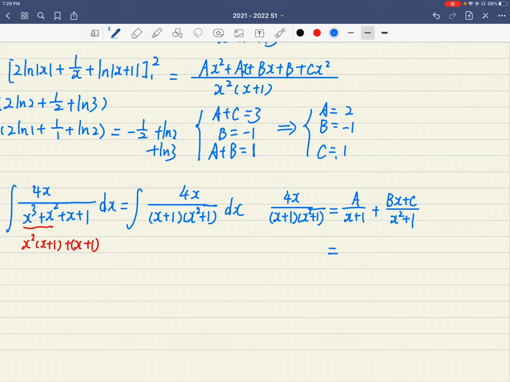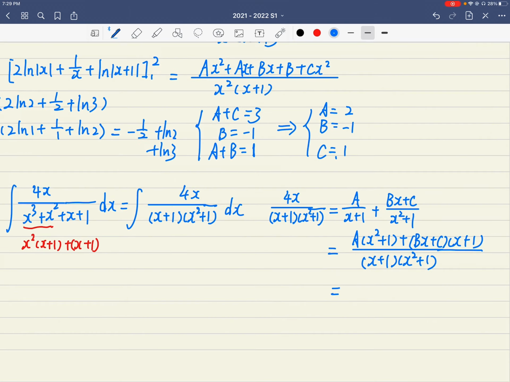Okay, then you do the same thing. So it's x plus 1, x squared plus 1, a times x squared plus 1, plus bx plus c times x plus 1.